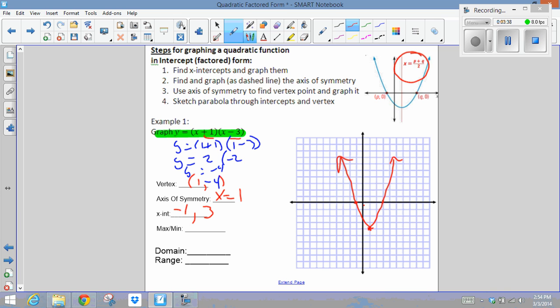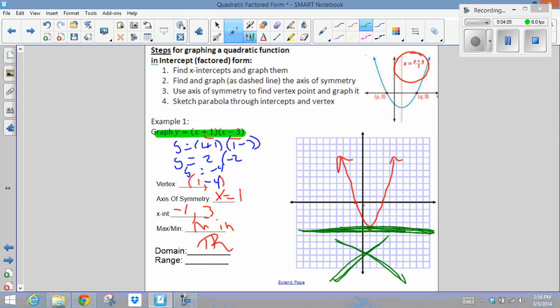So there's my parabola. Now, does it have a maximum or a minimum? Well, it has a minimum because it's opening up. Domain and range. Domain is always all real numbers on a parabola. The range, because it's a minimum, nothing below our vertex exists.